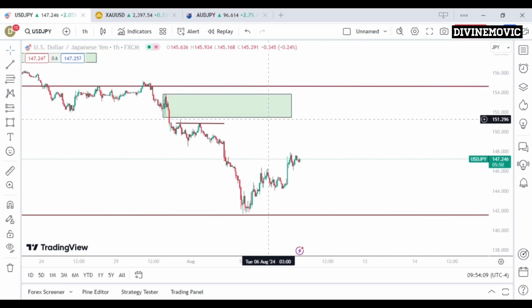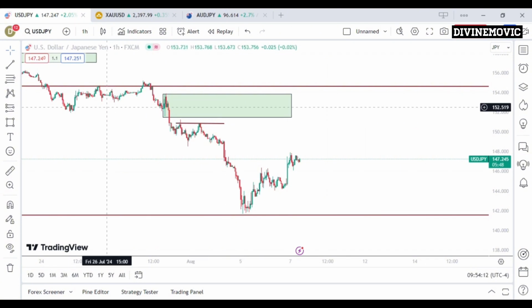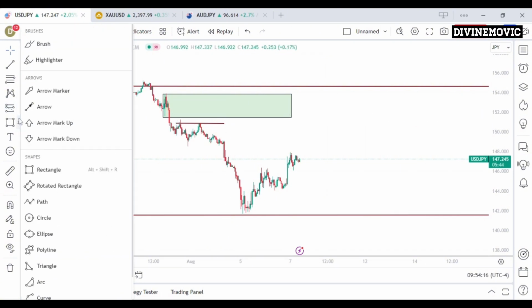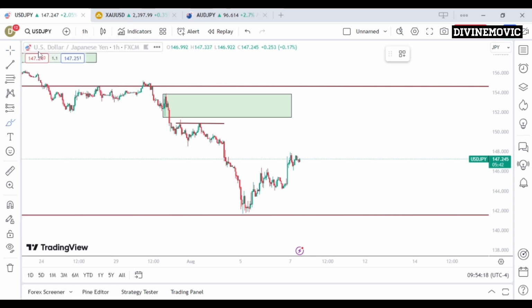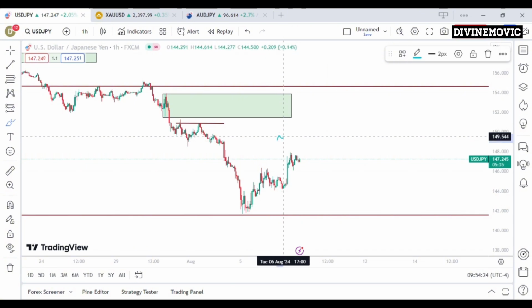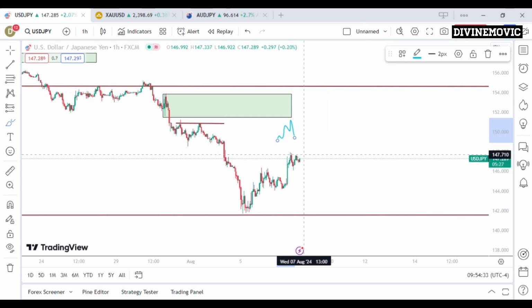If price gets to this point where liquidity is here, what I want to see price do is this. What I want to see price do is, if price gets to this point, I want price to keep giving us higher highs and higher lows until price takes out this liquidity and then changes character. Now, where did the change of character occur?